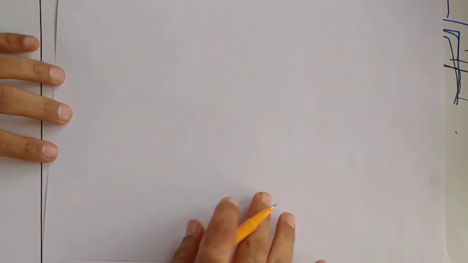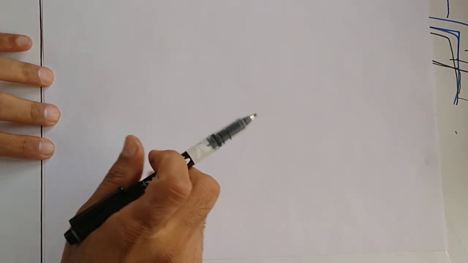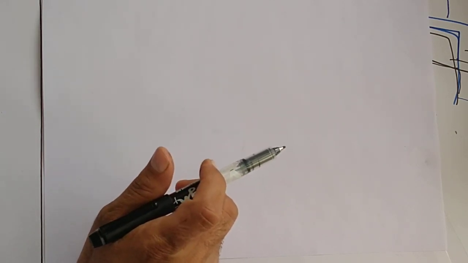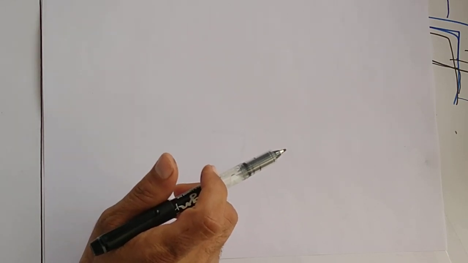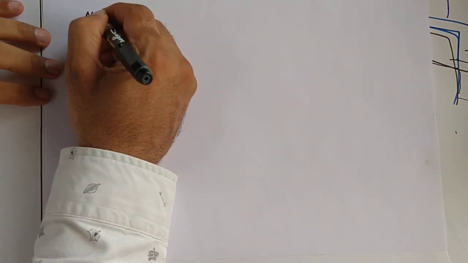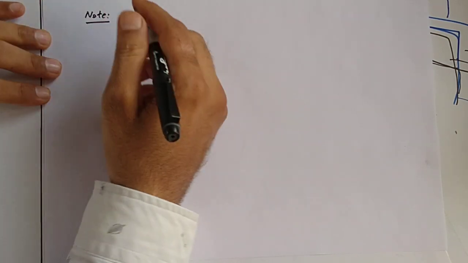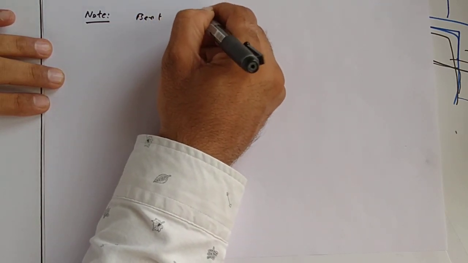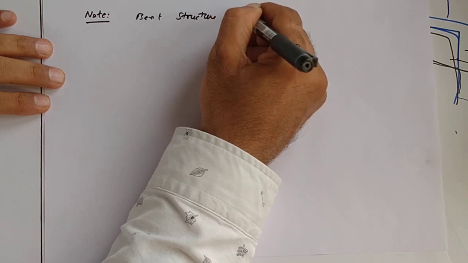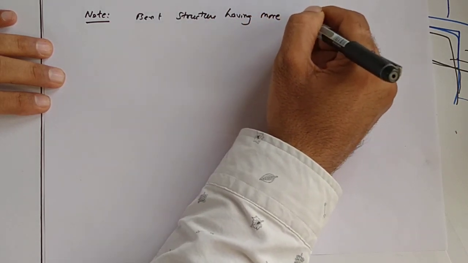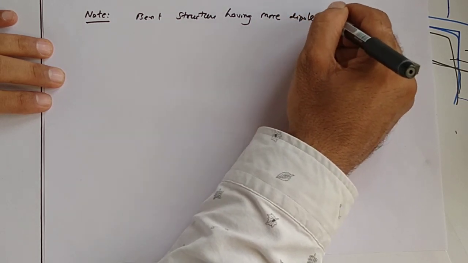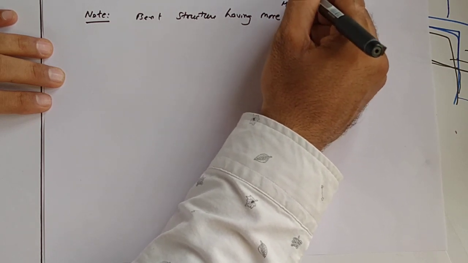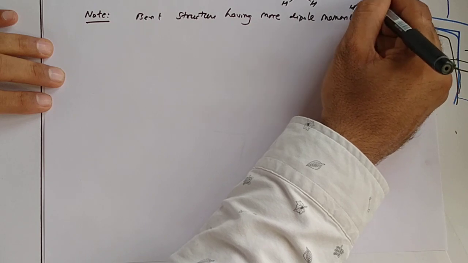Now next, in exam, here is an important note you have to remember: bent structure has more dipole moment. We discussed water is bent, H2S is bent.